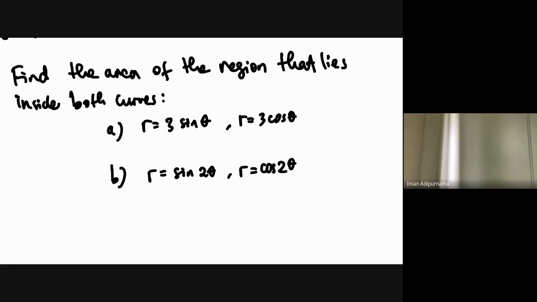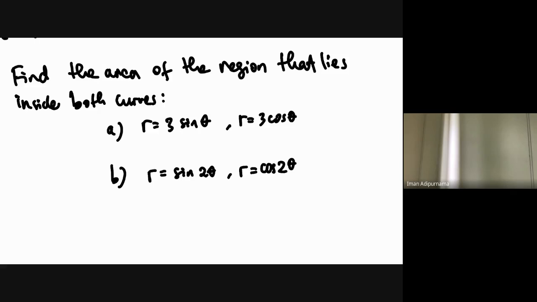Yeah, you find the intersection first, right? And then what? So if you can split this, it means if you can find from here until here, just this circle, and multiply by 2.